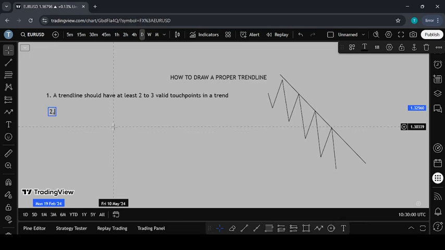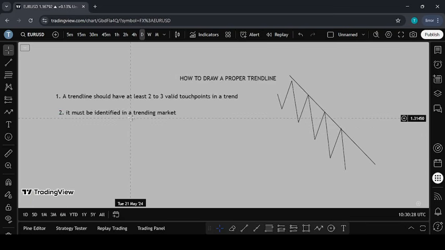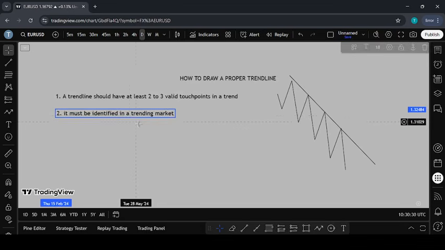It should be identified in a trending market, so either an uptrend or a downtrend, not a ranging market. There should be a particular trend before you start looking in order to map out a trend line.